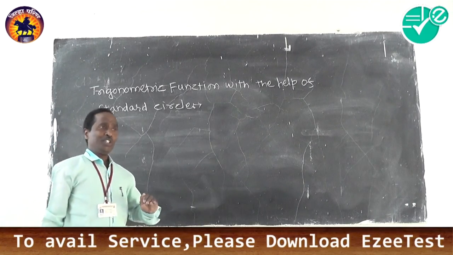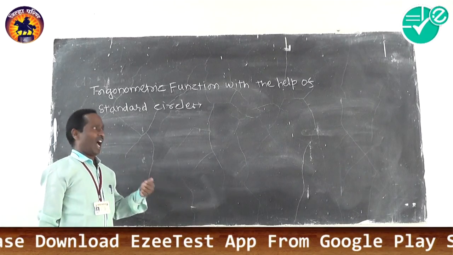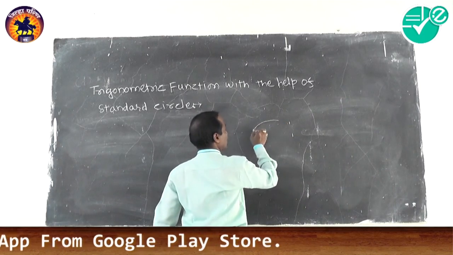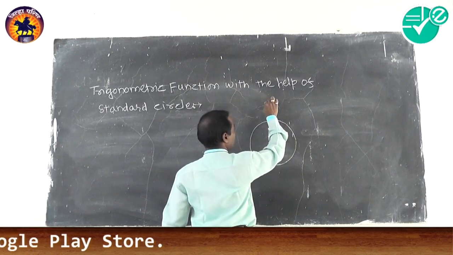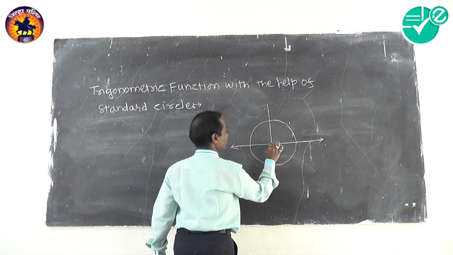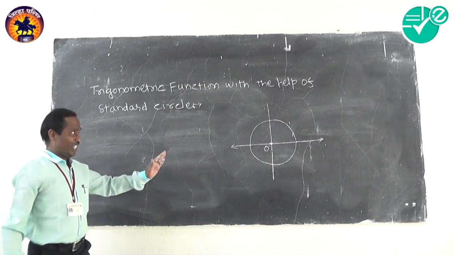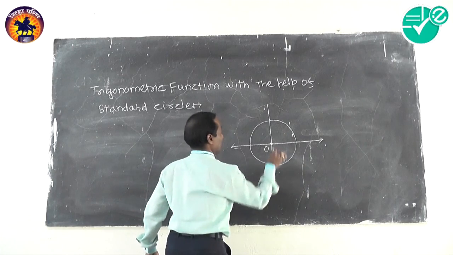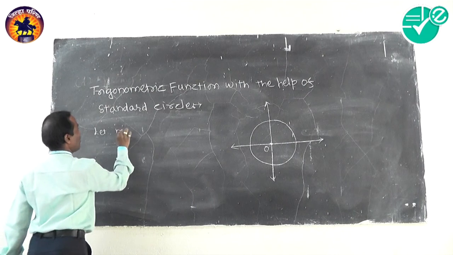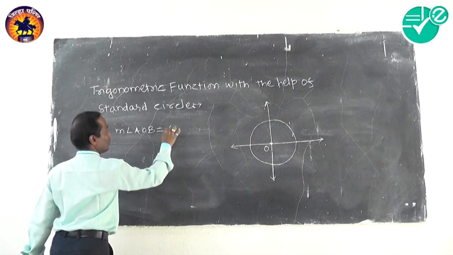A circle whose center is at the origin and having radius r is called the standard circle. This is the circle whose center is at the origin and radius of this circle is r. So this is called the standard circle. Now let the measure of angle AOB be theta.